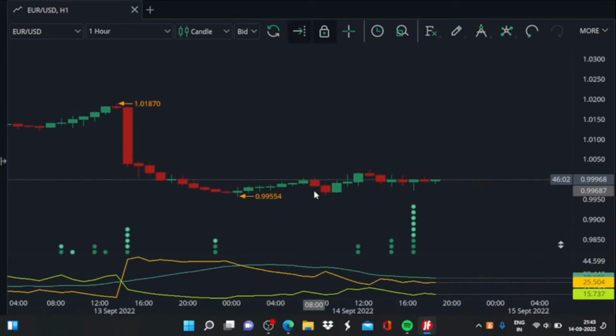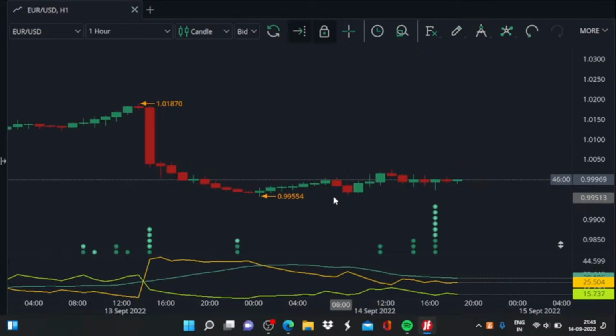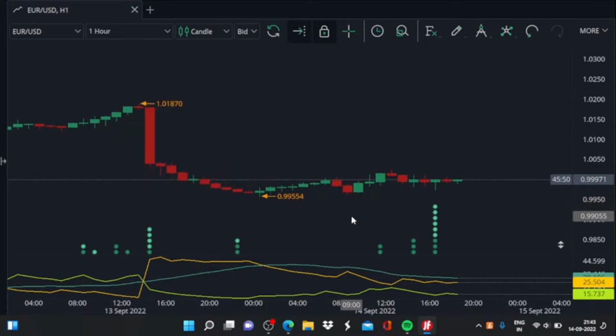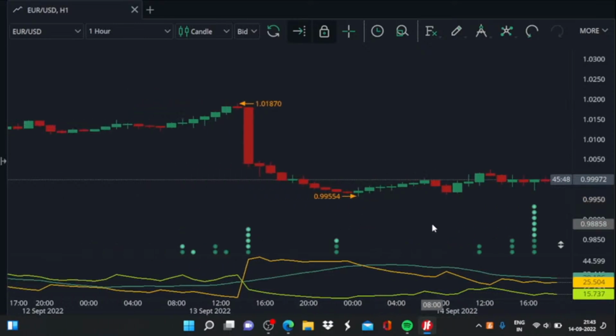Even in today's session, the price movement has been rather sideways and there has not been significant correction or movement on the higher side from the lower price levels. So we can look for the strength of the trend and utilize the opportunities to make trading decisions.